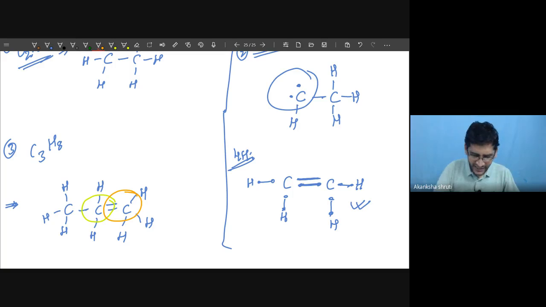How many bonds are there, meaning how many electrons are shared? 1, 2, 3, 4, 5. For the middle carbon again, 1, 2, 3, 4, 5. Though for the left carbon it was 4 only. So this is not possible.